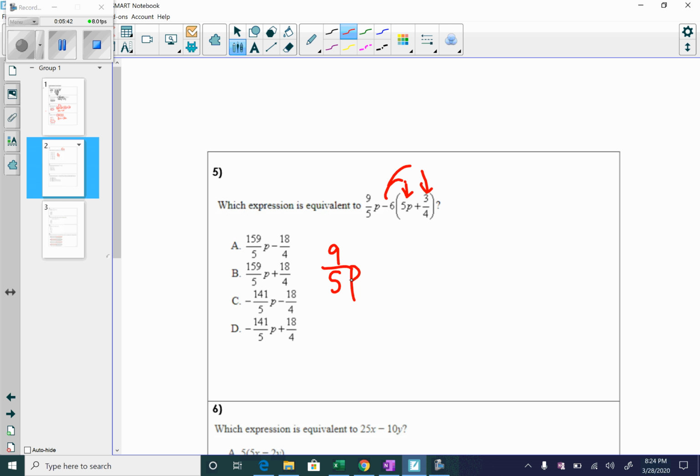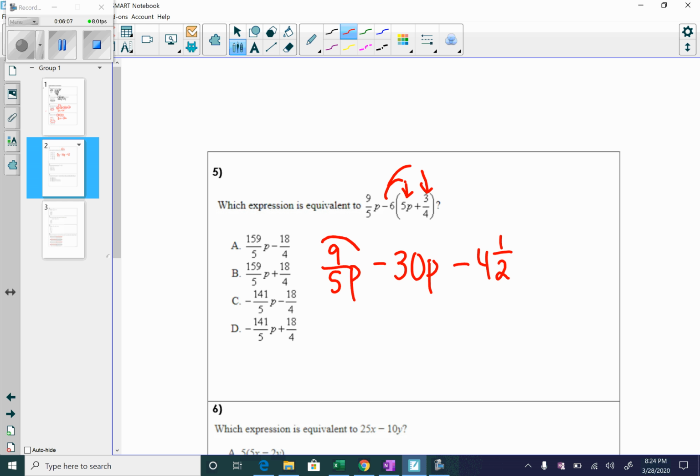That comes down. -6 times 5p gives me -30p. And then -6 times +3/4. When I type that in, it gives me -4.5.